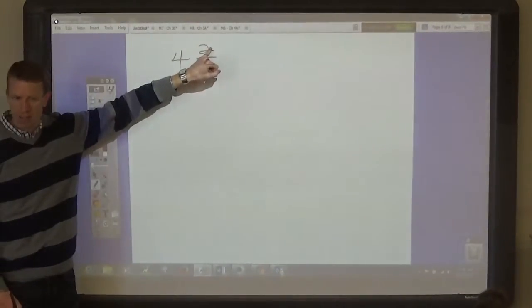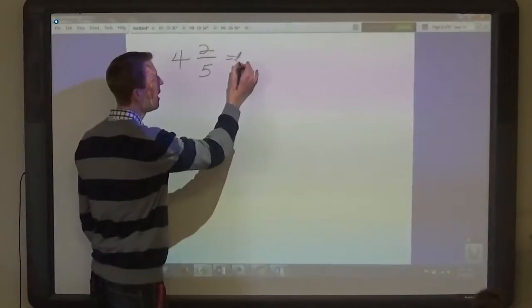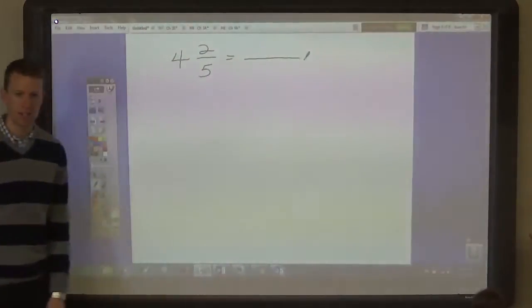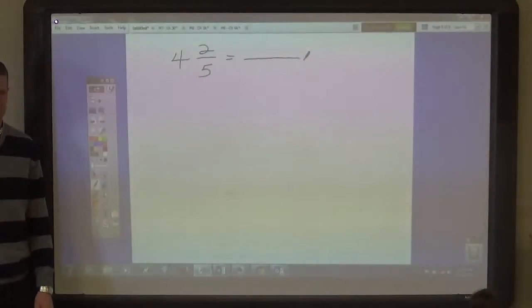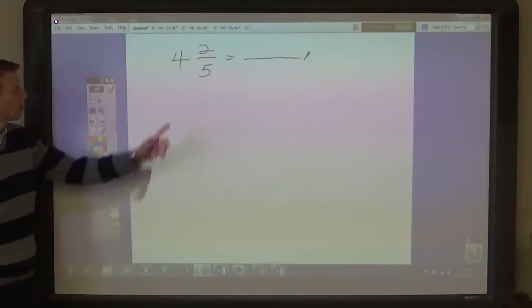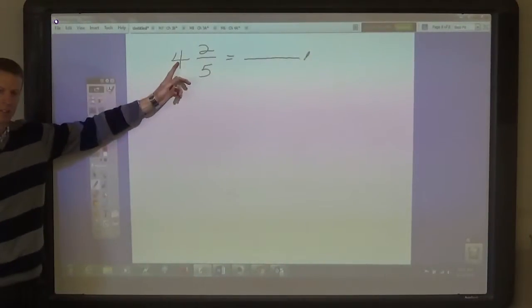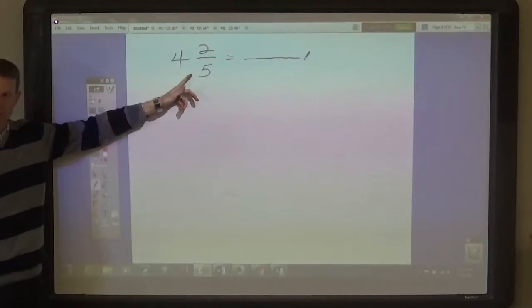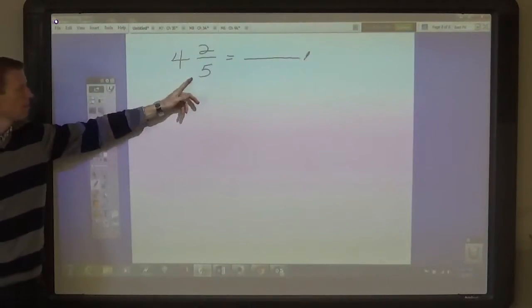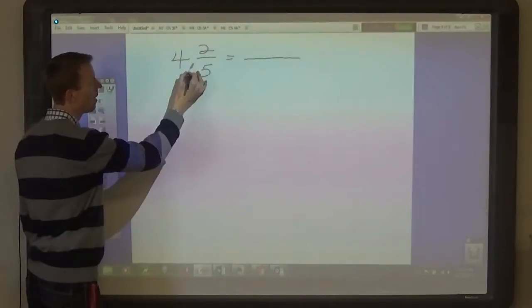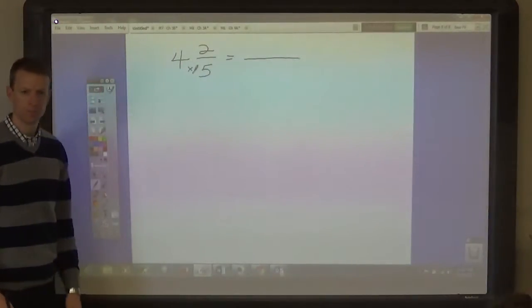Okay? And what you're going to do is write this as a total number of pieces that you can make. So first you take those 4 wholes, cut them up into 5 pieces. So that's 4 times 5.